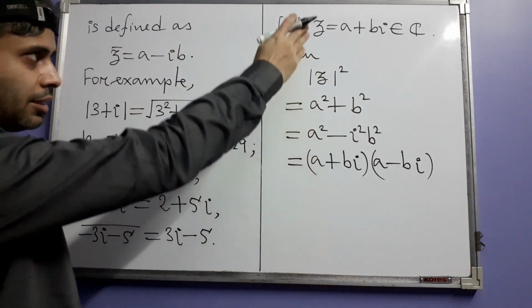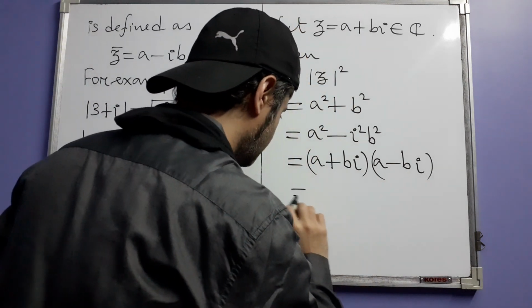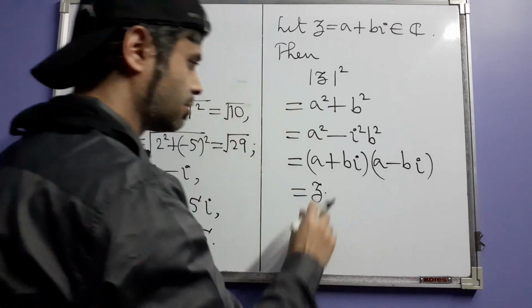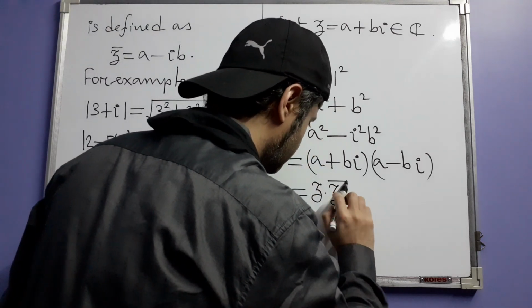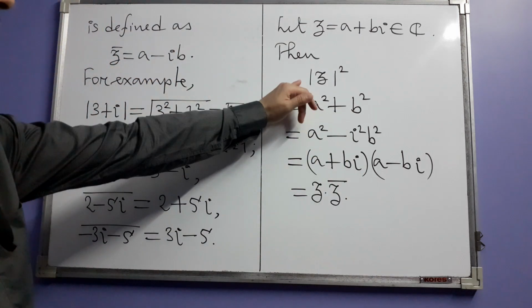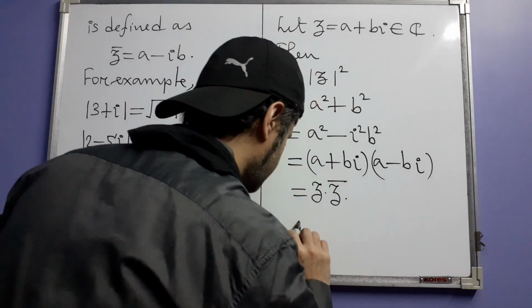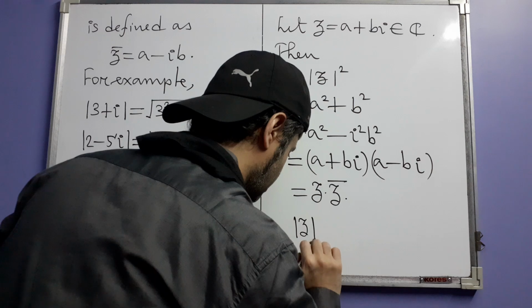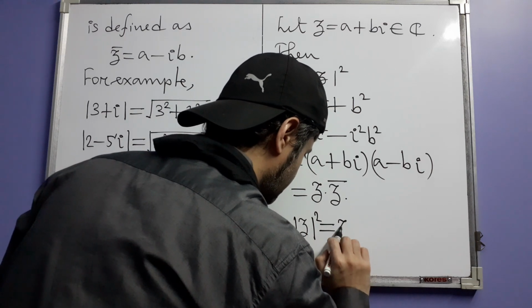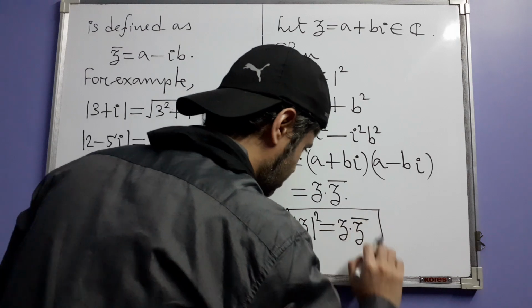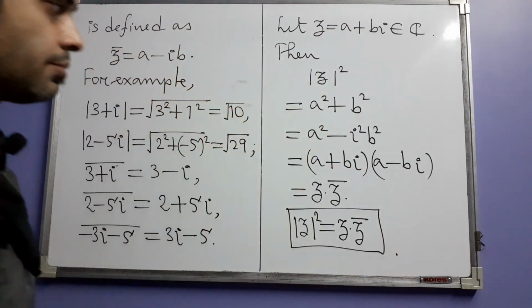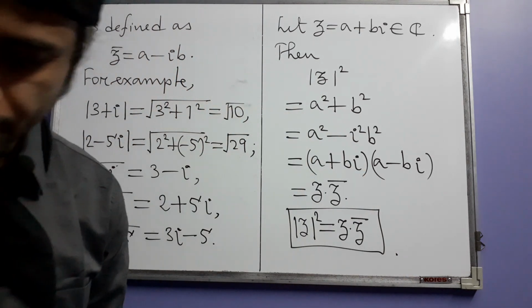So a plus bi is your original complex number, whereas a minus bi is its complex conjugate. And you have got this nice relation that the square of the absolute value is the product of the complex number and its complex conjugate.